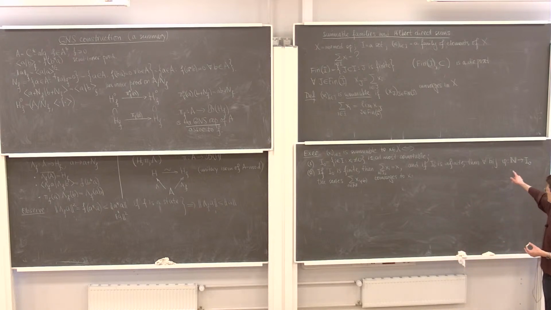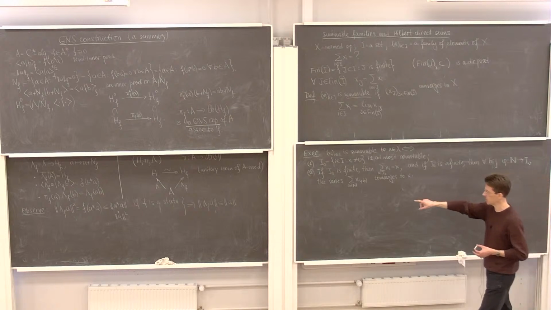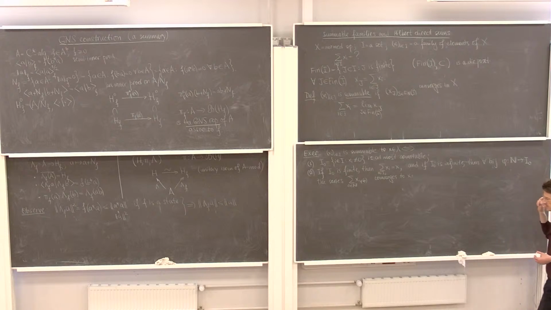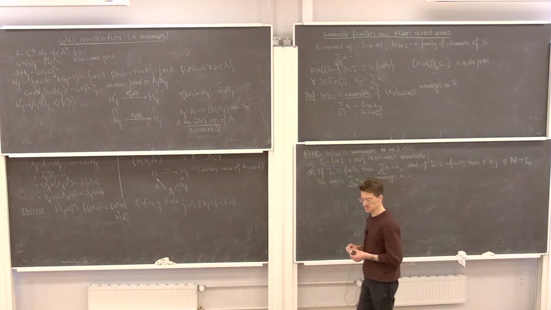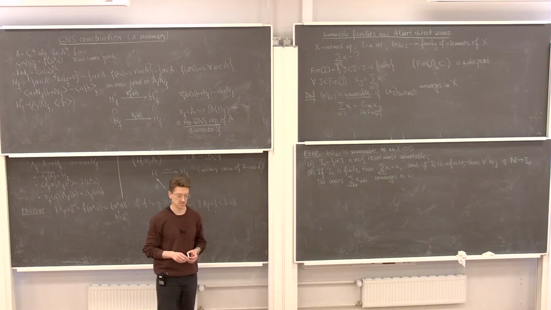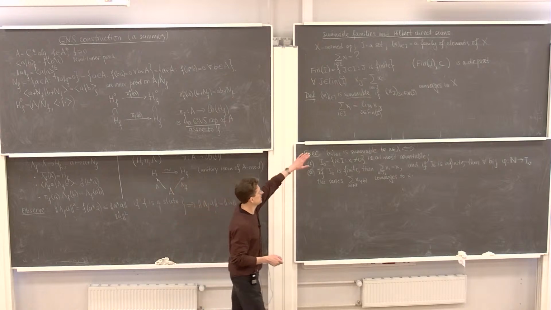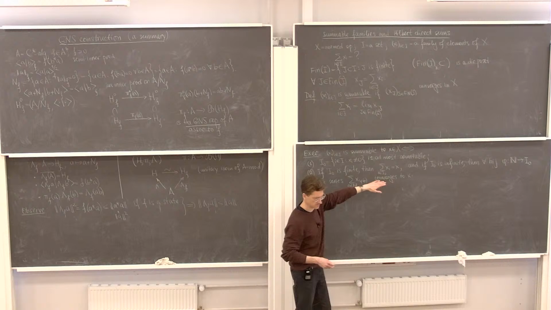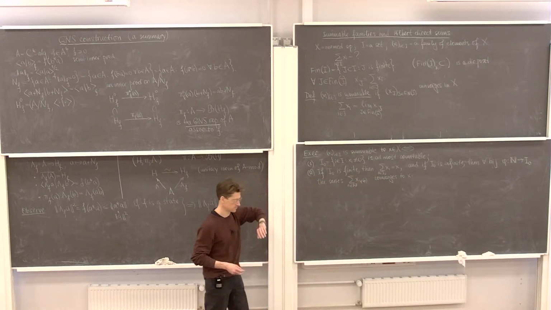Unconditionally means that this is true for every bijection. So this doesn't depend on how we use the numbering for our elements. But nevertheless, in practice, it turns out that in many situations it is more convenient to work with this abstract definition of summability rather than with unconditionally convergent series.